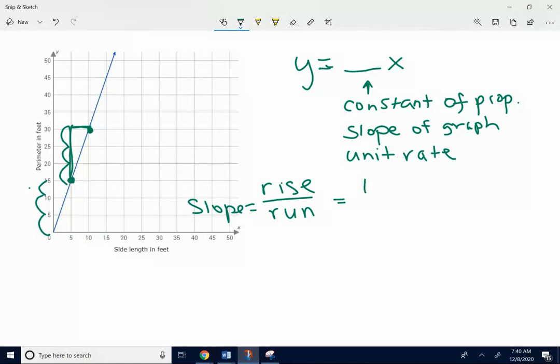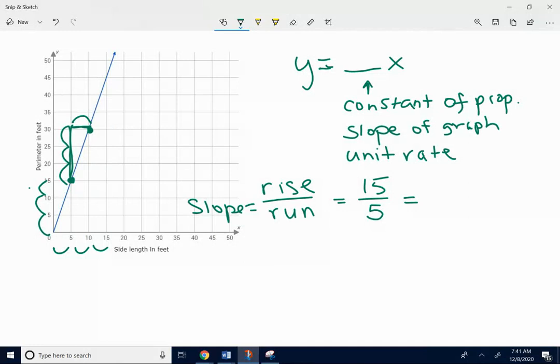Okay, 15. And the x-axis, it also happens to be counting by fives. So we're going over, we're not going over 1, we're going over 5. So the slope is up 15 over 5. So we have 15 over 5 for the slope.